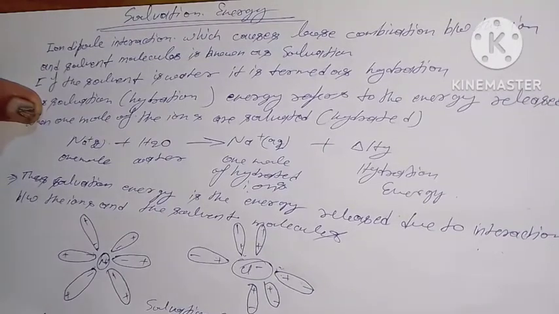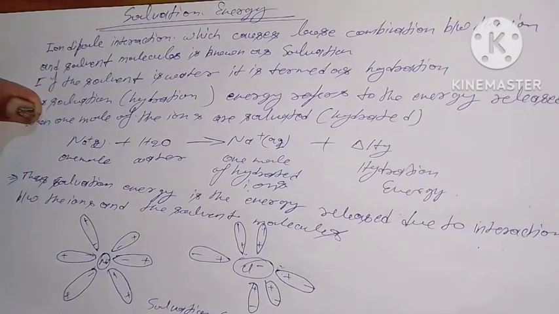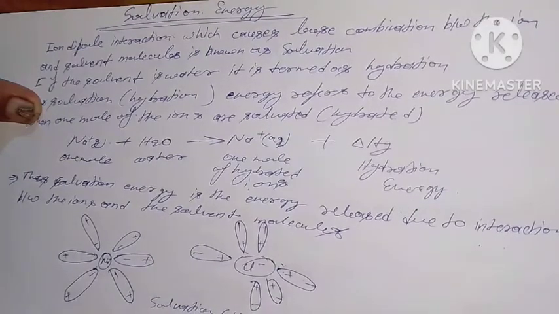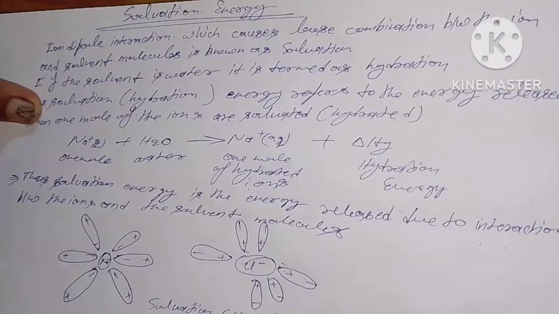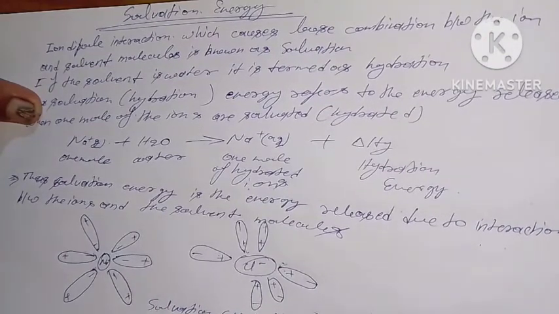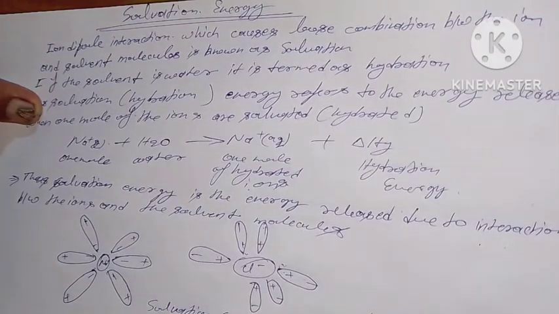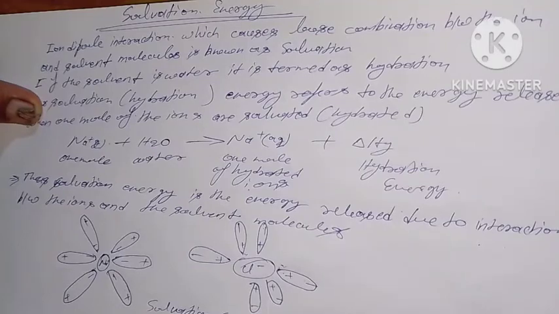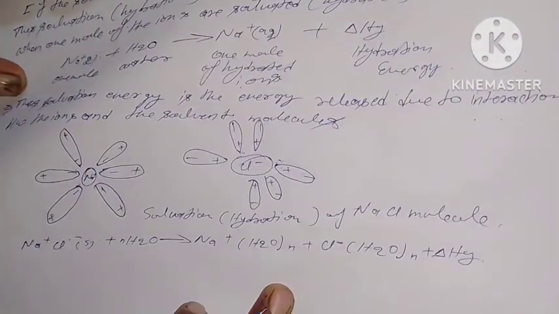That is, sodium positive ion, chlorine negative ion plus n H2O, arrow, sodium positive ion with n H2O plus chlorine negative ion with n H2O plus delta H hydration.